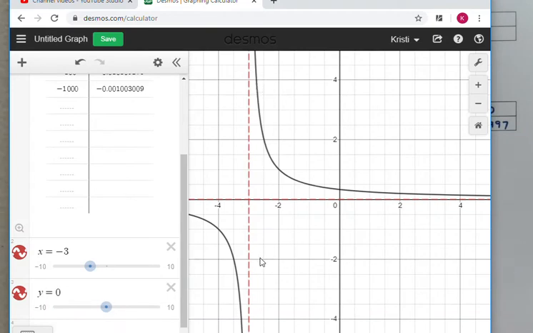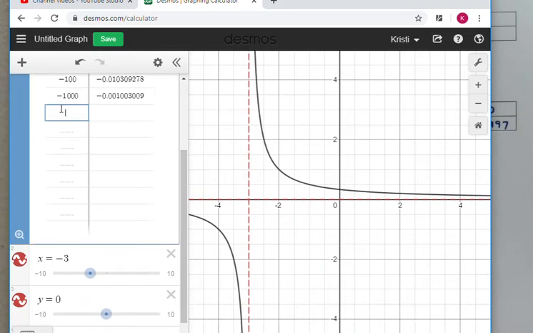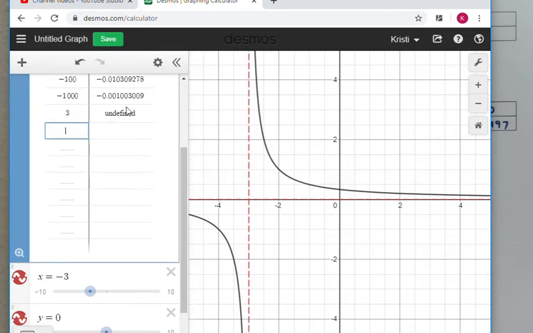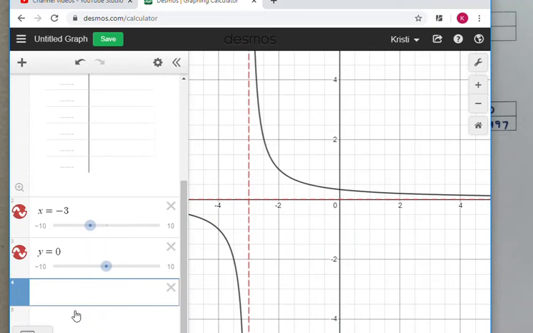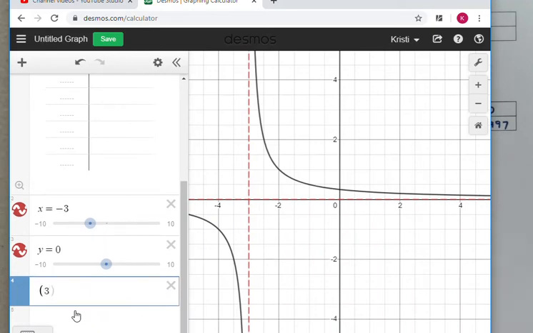The one thing that's not clear on this graph is that at x equals 3, there's no little hole in the graph. If I type in x equals 3, Desmos admits that the graph is undefined there. It just doesn't show us the hole. If you wanted to generate that with Desmos, you actually can. You can tell it to graph the point (3, 1/6).